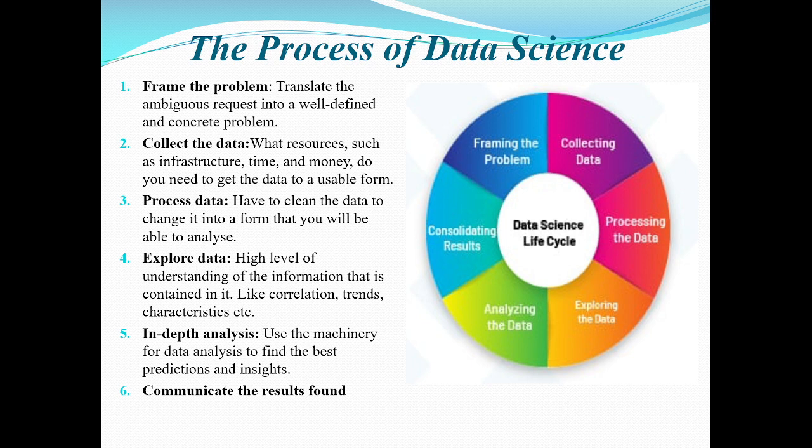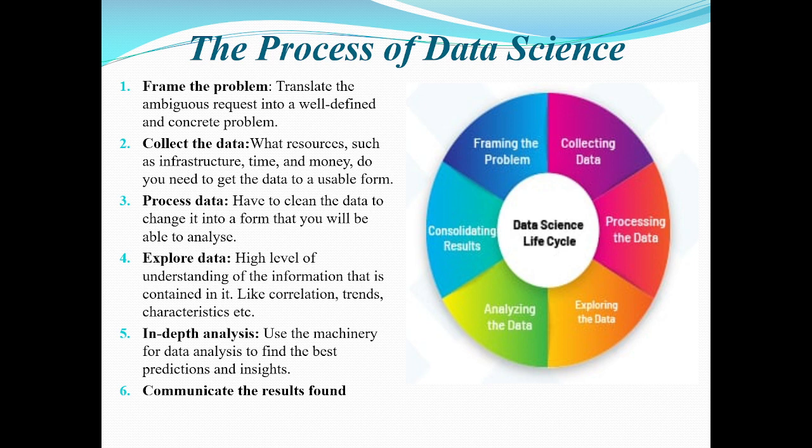Moving to the second step in the process, he has to collect the data. Initially, with resources like infrastructure, time and money, he needs to get the data from the people by asking some queries, and he converts the information or the data that he has gathered from the people into a usable form.